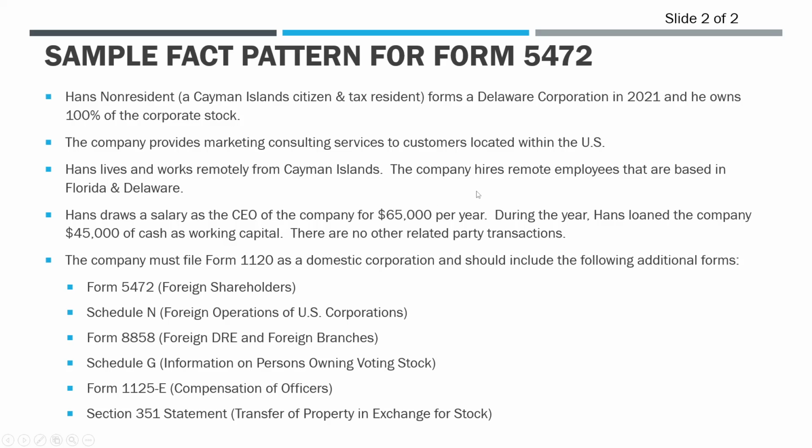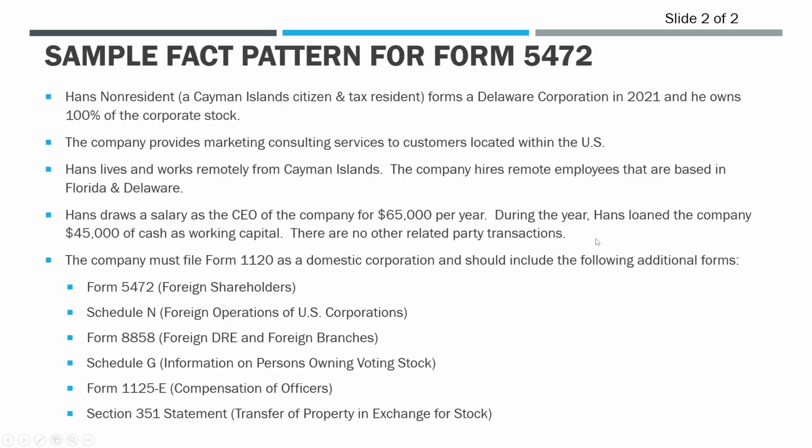because he's doing everything remotely from outside the country. So the company then hires some employees that are all working remotely, so they don't have any per se physical offices in the U.S., right? They've got maybe a mail forwarding set up, but everybody just works from home. So Hans is drawing a salary as the CEO, which is fine. He's permitted to do that, and he's paying himself $65,000 a year.